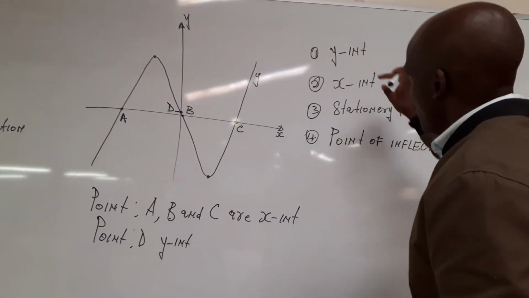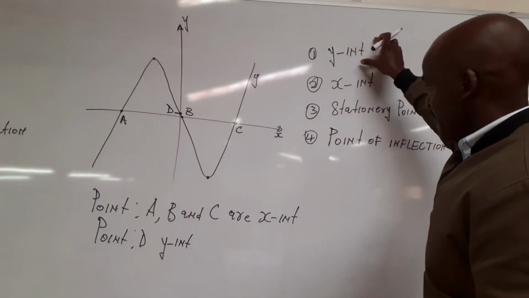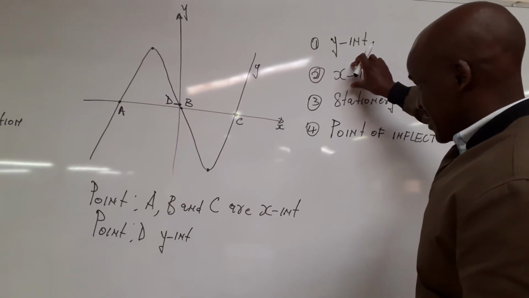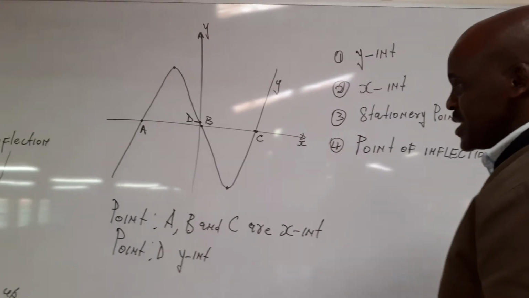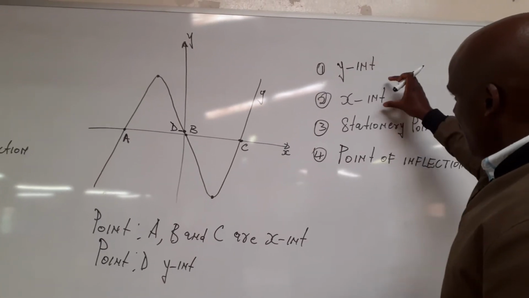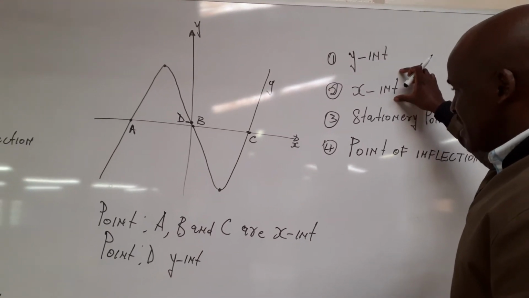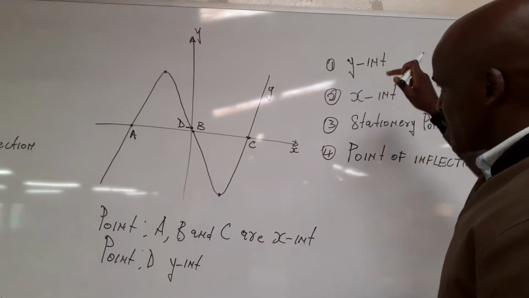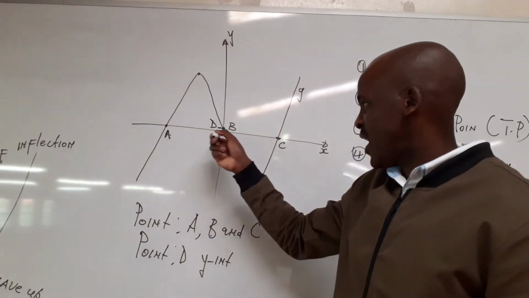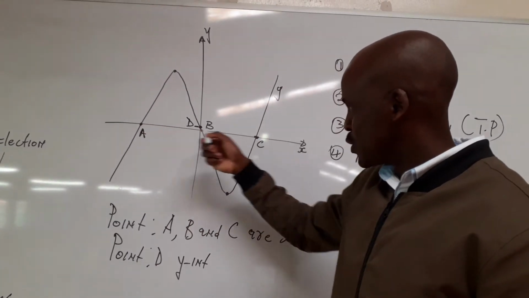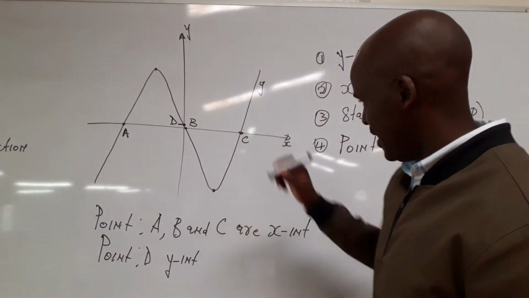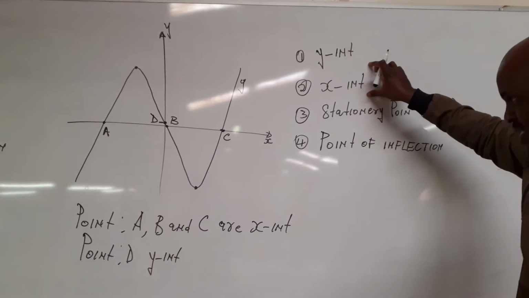So this is our first point in a graph. The second points are our x-intercepts. The x-intercepts are the points where our graph cuts the x-axis. We call them the x-intercepts.